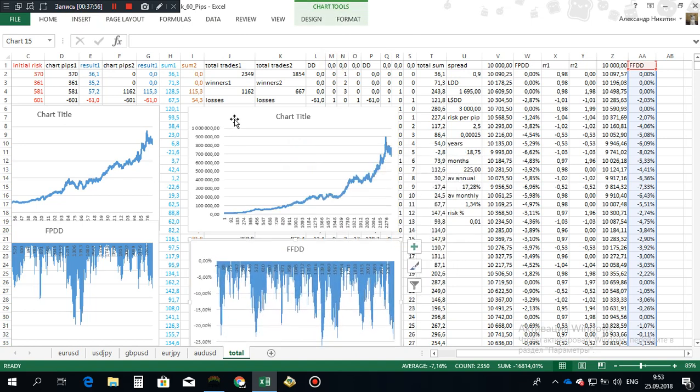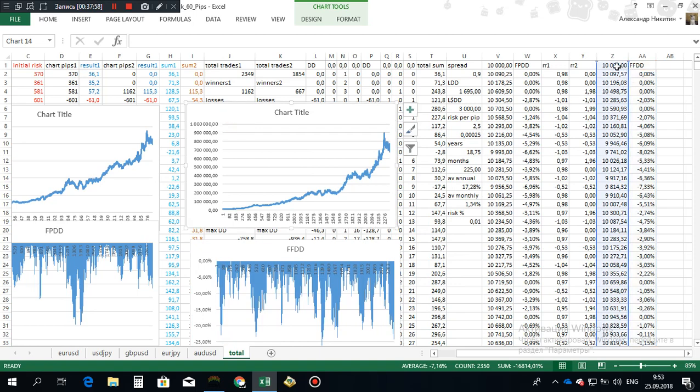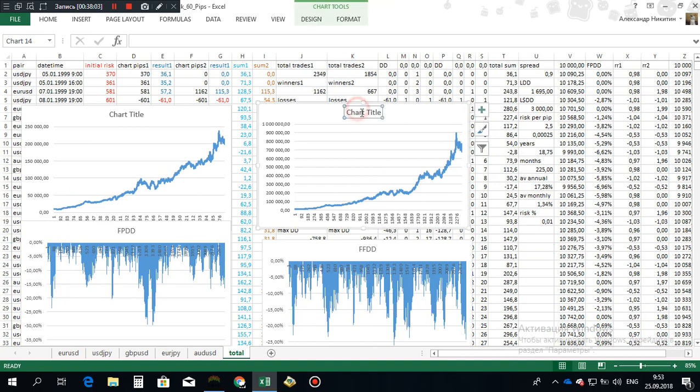And what we see with fixed fractional money management, with percentage money management, let's type it this way, percent money management, fixed position money management.